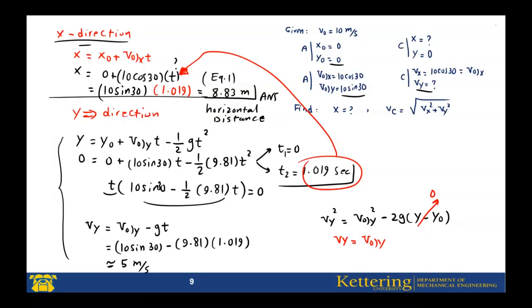Now we have the Vy, which means that when this ball hits the ground, this is the V. Velocity along the X is 10 cosine 30. Along the Y, it is 5. I just found it.